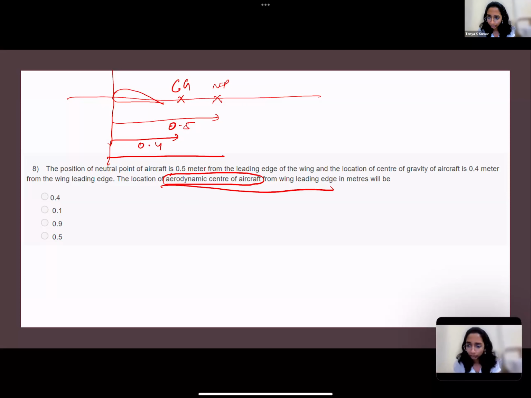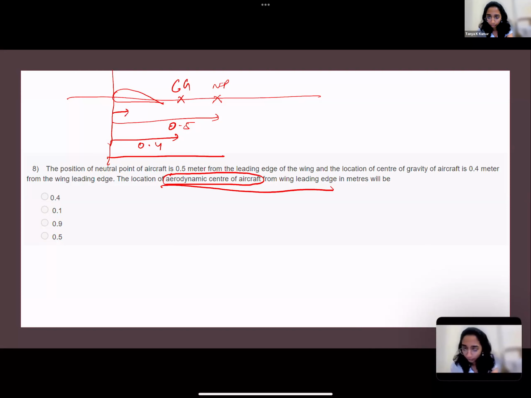Okay. The next answer was Harshit, says 0.1. Can you tell me why 0.1? Again, I just want to know the thought process. So 0.1 from leading edge means somewhere around here, right?